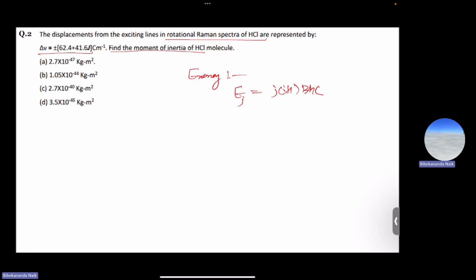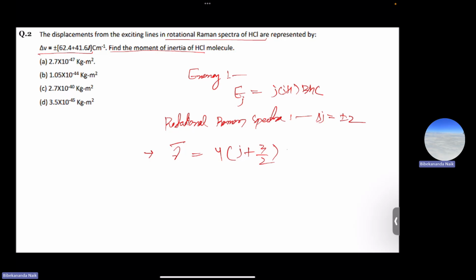Now for rotational Raman spectra, delta J is equal to plus minus 2. So if you check the expression for the wave number of transition, it will come out to be 4B into J plus 3 by 2.